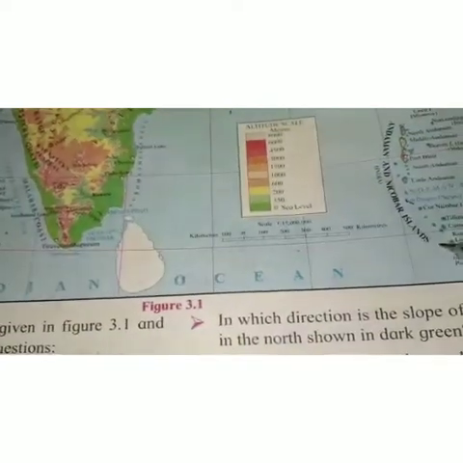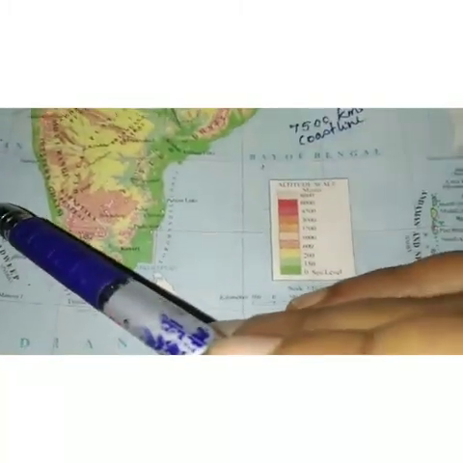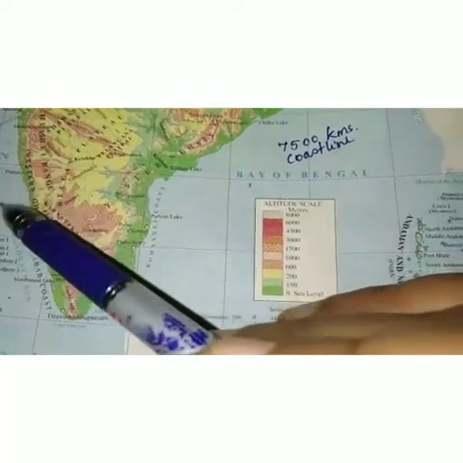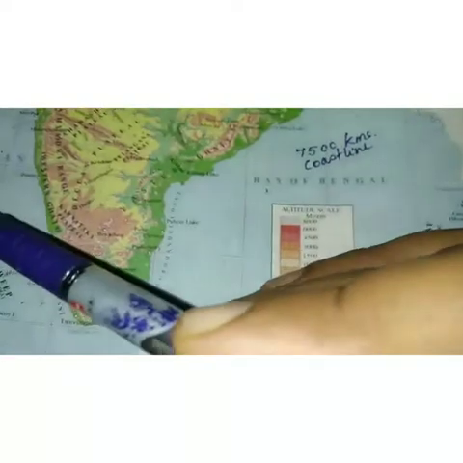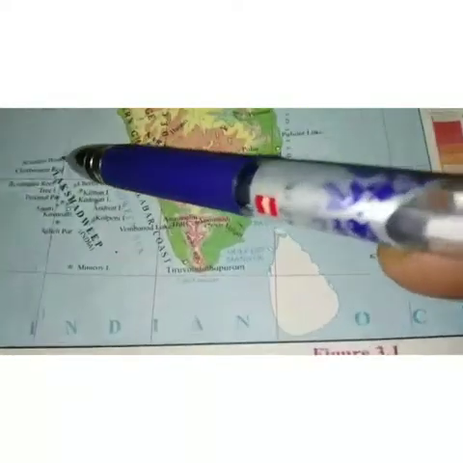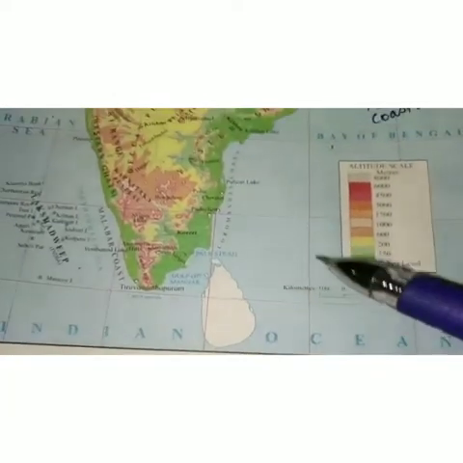These are a number of islands together. The word Lakshadweep means a group of a lakh islands. The Andaman and Nicobar Islands are mostly volcanic islands.